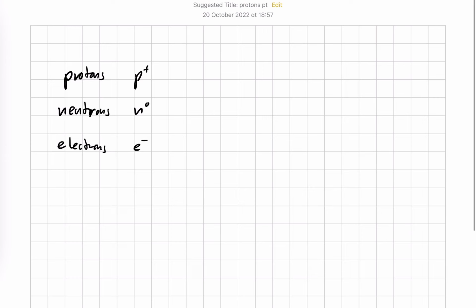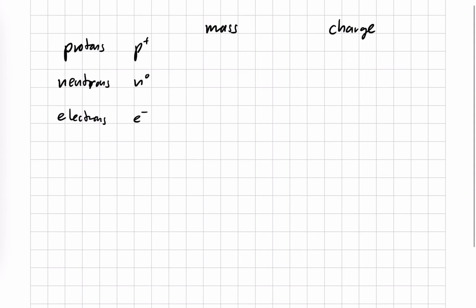So there are two characteristics which we have to remember about each of these subatomic particles. One of them is the relative mass, and the other is the relative charge. Remember, this is the relative charge, so it doesn't have any units. So with protons, the relative mass is 1.